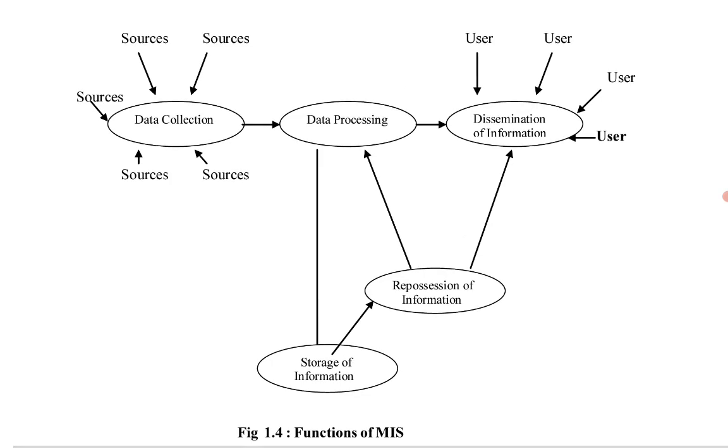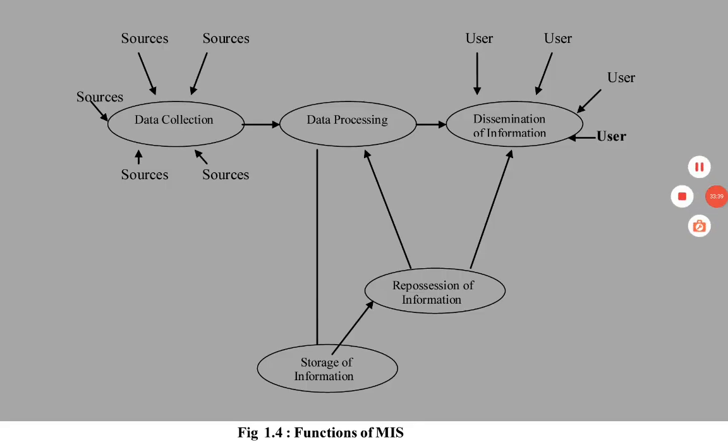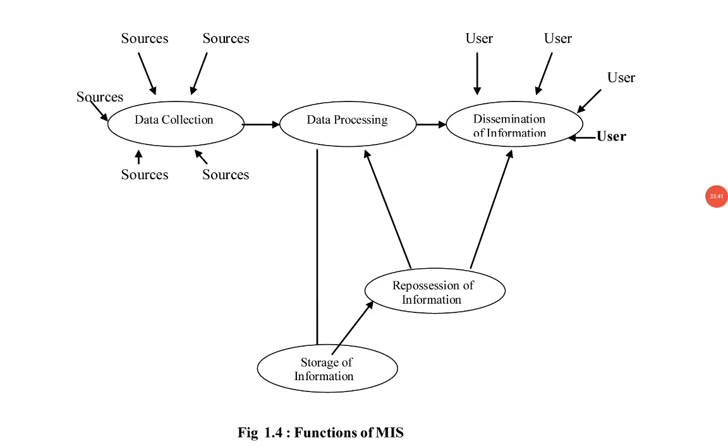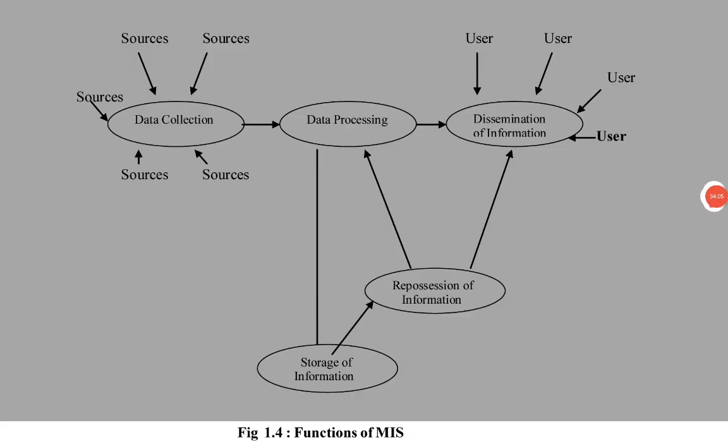This diagram explains the functions or functionalities of MIS. So data collection, second one is data processing, third one is storage of information, and repossession of information, and dissemination of information.